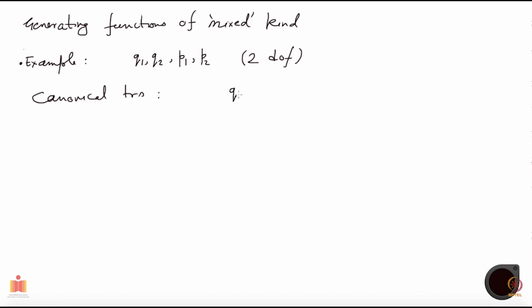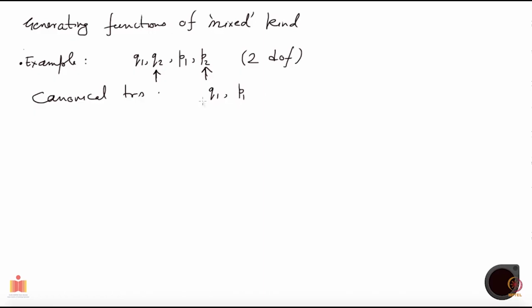So q1 remains unchanged. The new coordinate is still q1, the new momentum is still p1, but for q2 and p2 there is some non-trivial transformation, and let's say we want to interchange q2 and p2.